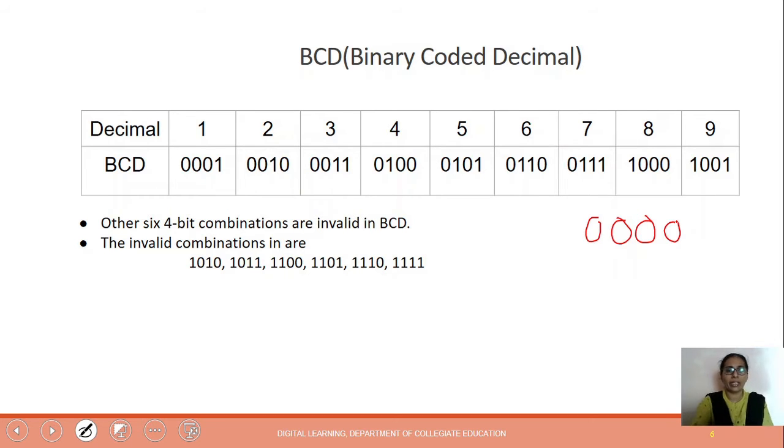So those invalid combinations are 1010, 1011, 1100, 1101, 1110 and 1111. So only the 10 digits from 0 to 9 are represented in BCD form. All other 4-bit combinations are invalid in BCD representation.